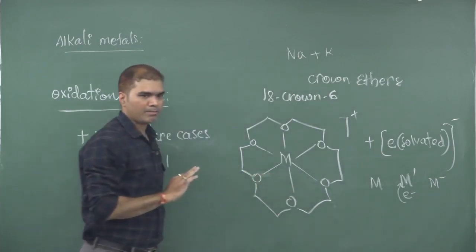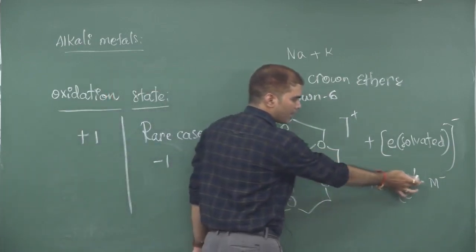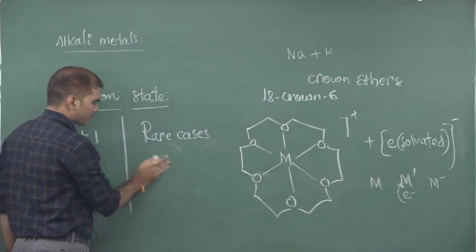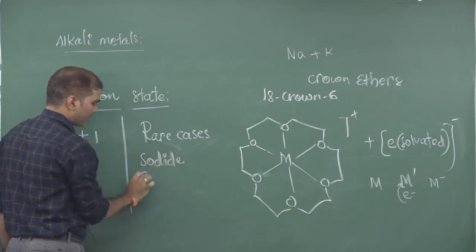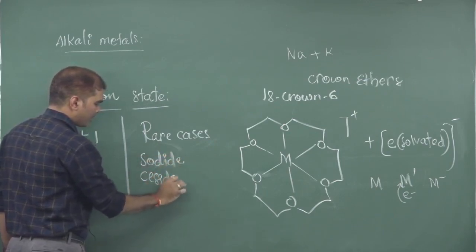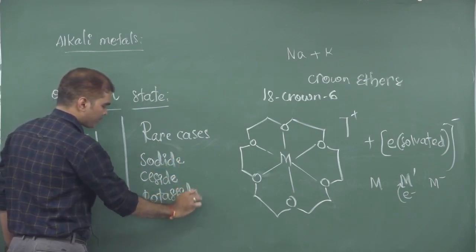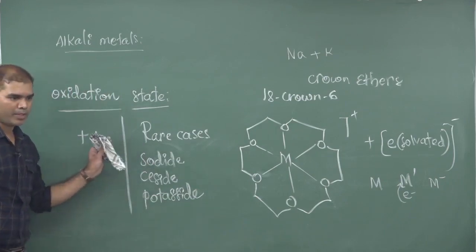One is M plus, but the other one is becoming M minus. So that will acquire a negative charge, and all such species end with ide: sodide, potasside, rubidide and so on.